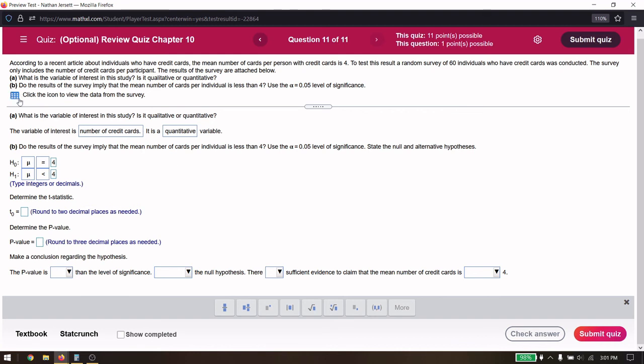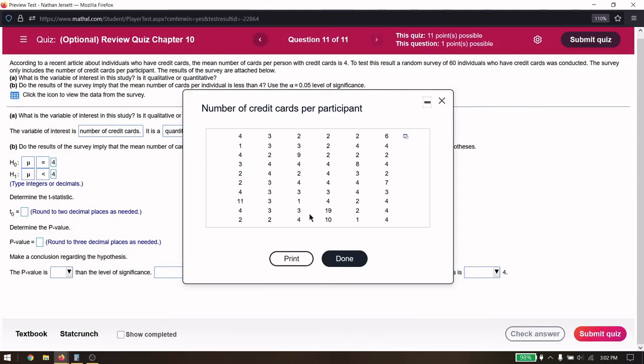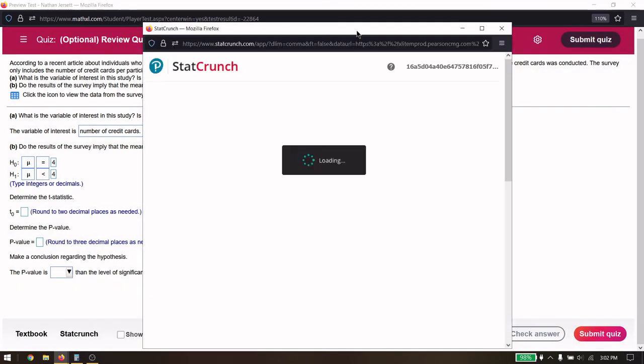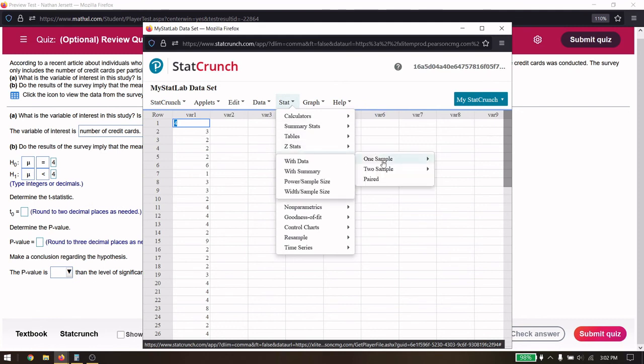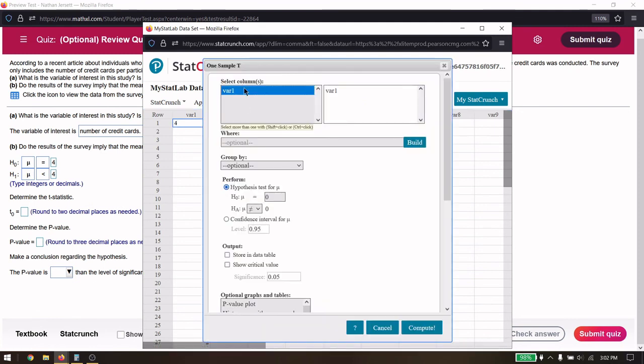I was looking for the mean and the standard deviation, but this right here has the data from the survey. So we just open up the data in StatCrunch, and we do a t-stat distribution with data. So var1, hypothesis equals 4, and it's less than 4, and that should be all we need.